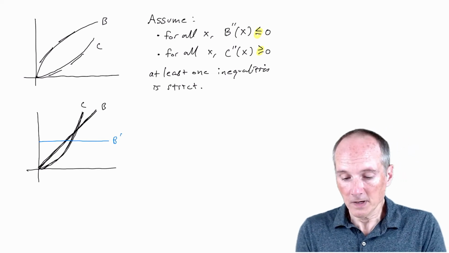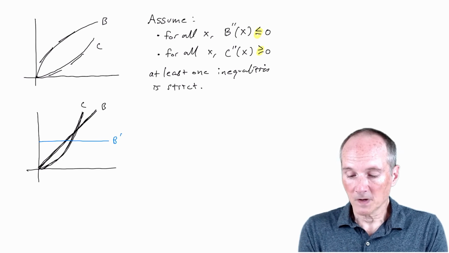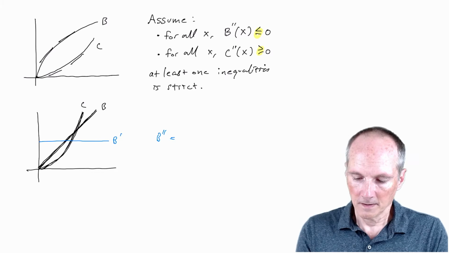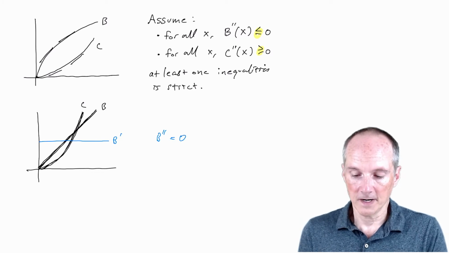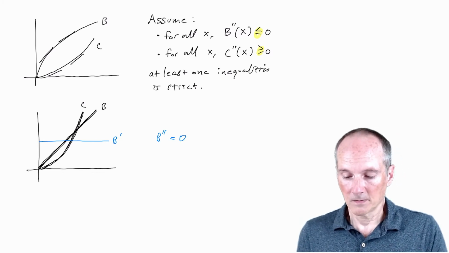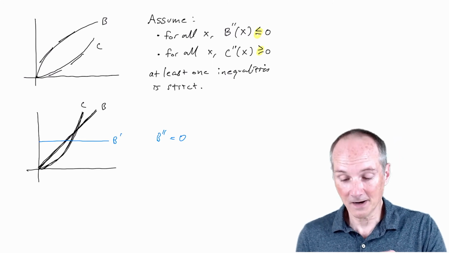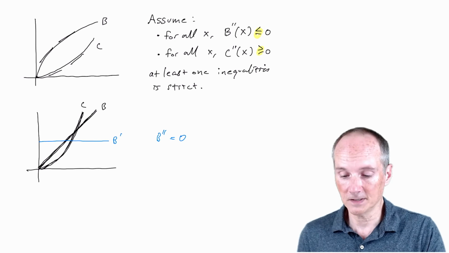So here, in this example, the second derivative of the benefit function is 0, right? Because B prime is a constant, so the derivative of that is just 0.